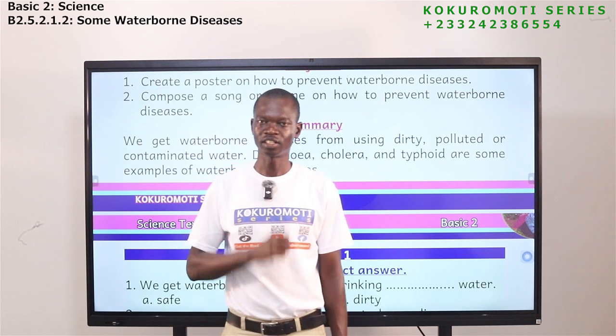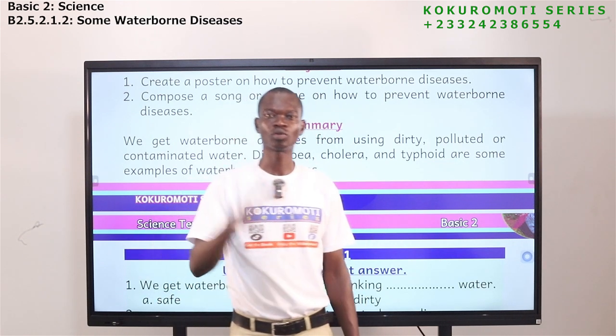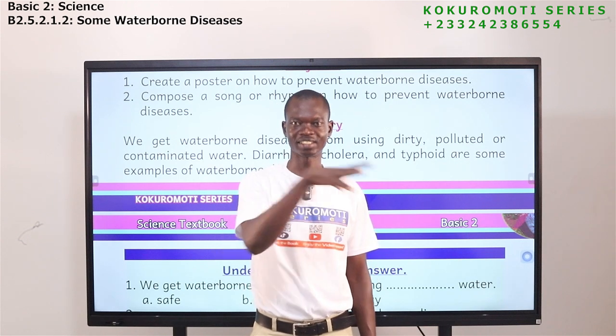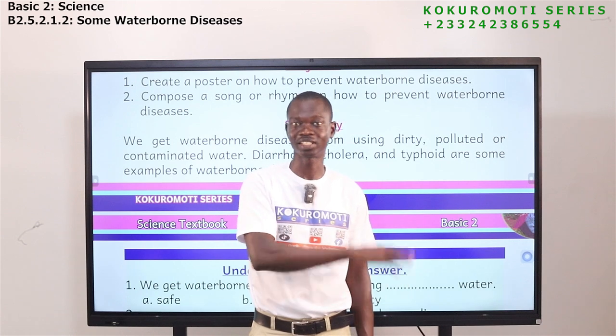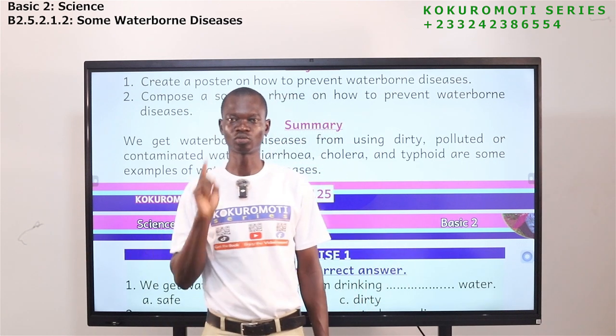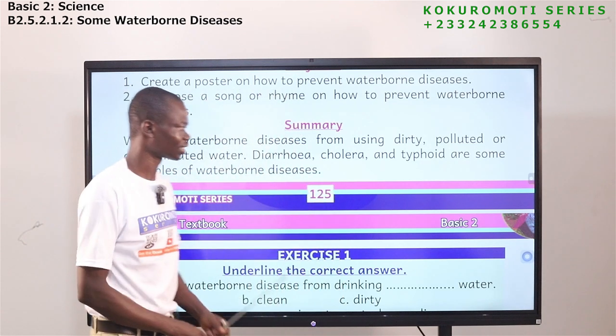Boil it. The reason why we boil the water is to kill the germs in it, the germs that will cause waterborne diseases. You kill them, so when you drink, you'll be safe. So 1, we should boil water to kill germs in the water.